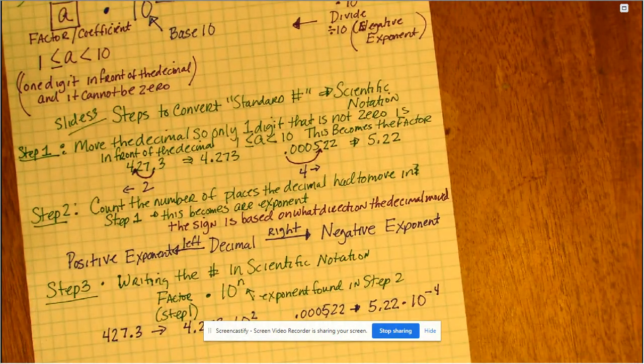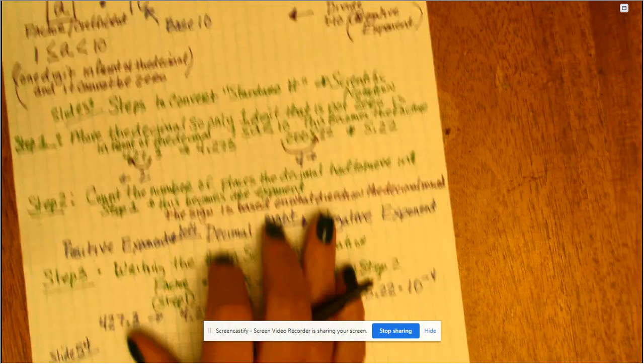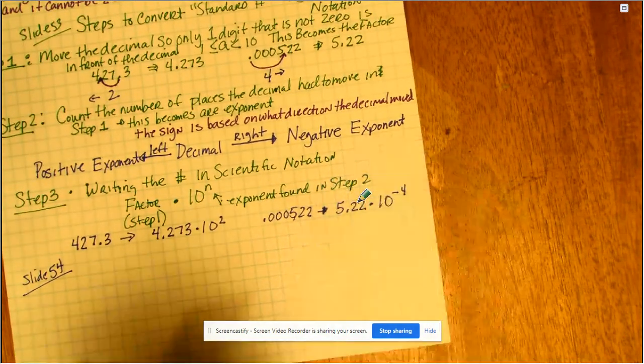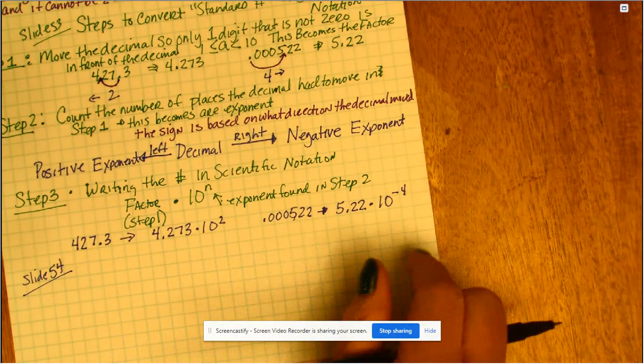And now let's talk briefly about slide 54, which asks you for definitions for significant and insignificant digits. If you remember in rational numbers, we talked about significant and insignificant digits.